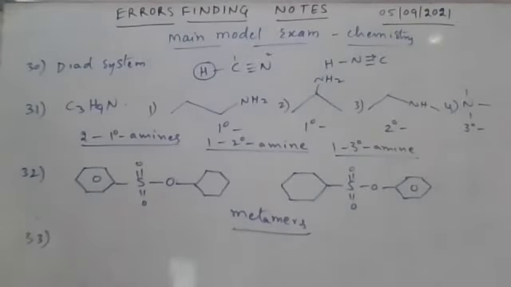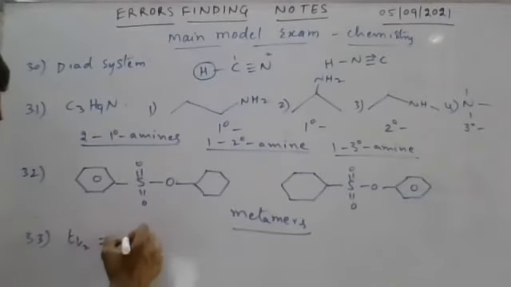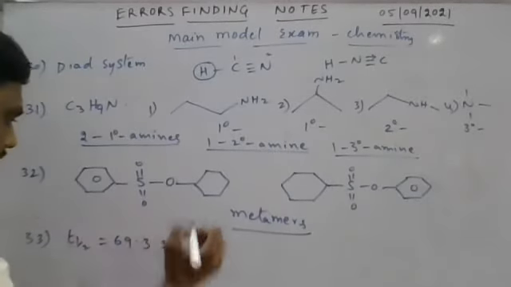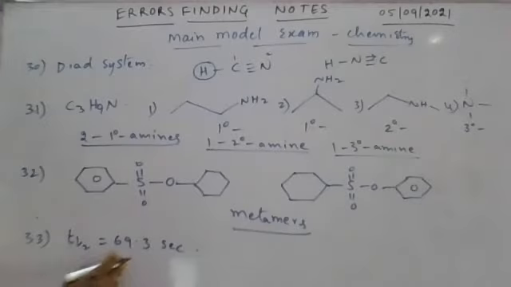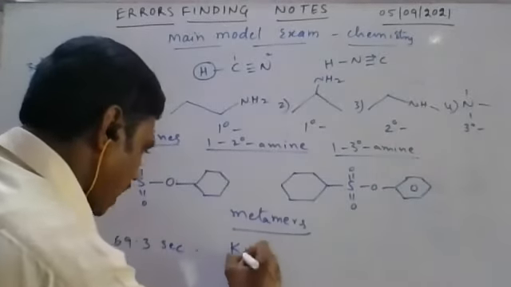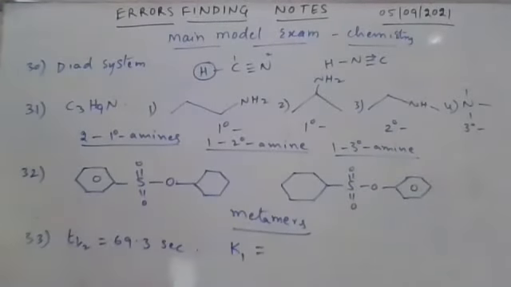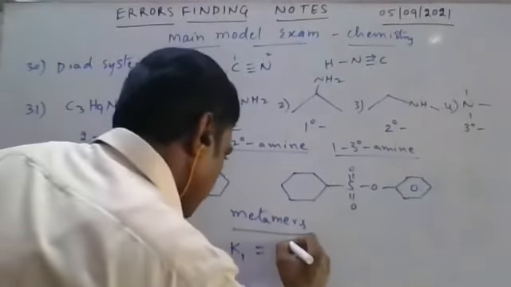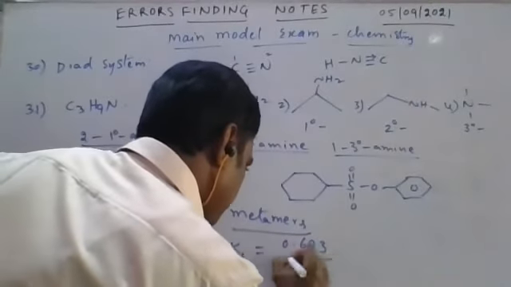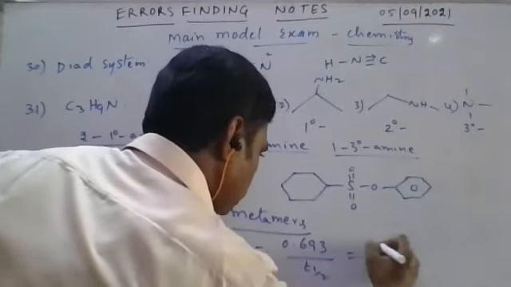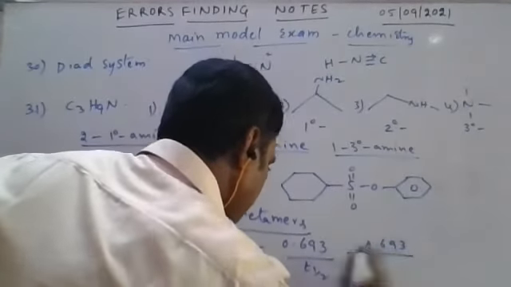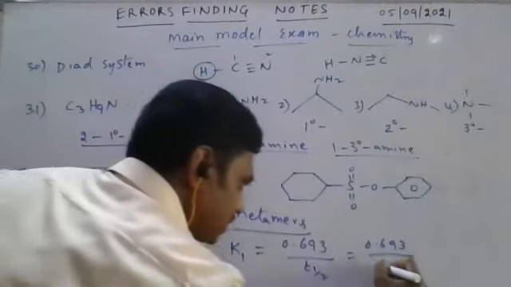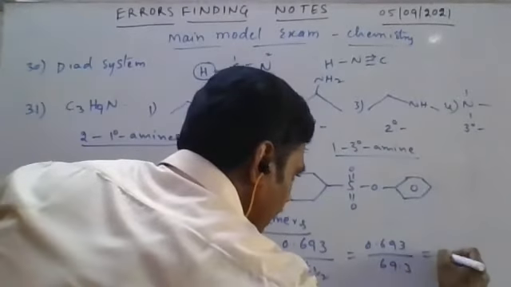Question number 33. Here half-life, T half, is given as 69.3 seconds for a first order reaction. Nana. Here we need to calculate K1, the rate constant for the first order reaction. That is what? 0.693 by T half. 0.693 by the T half value, given as 69.3.